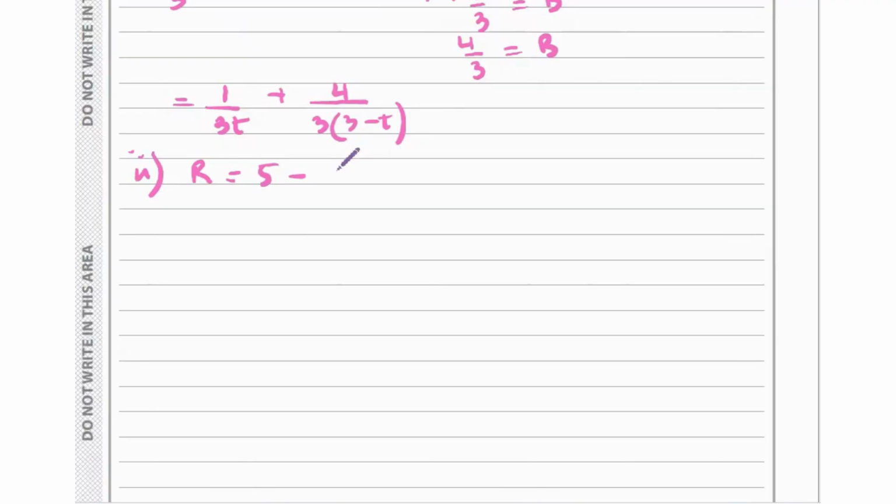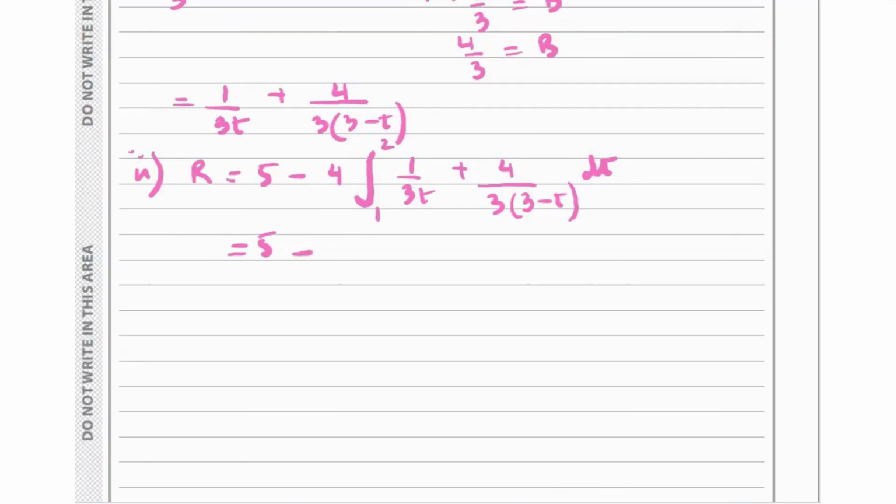5 minus 4 times the integral of 1 over 3t plus 4 over 3 times (3 minus t), from 1 to 2, dt. This is the same as the initial expression, so we're just replacing it with this so that it's easy to integrate.